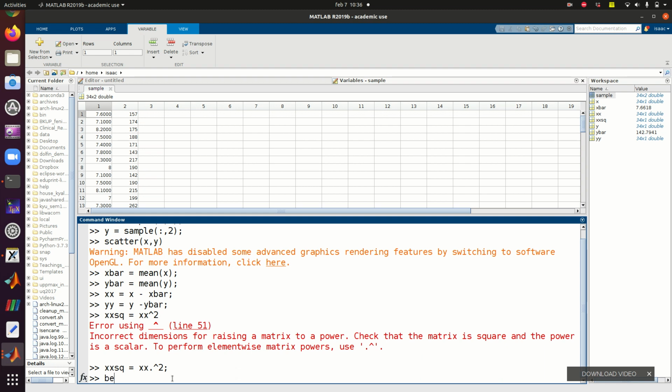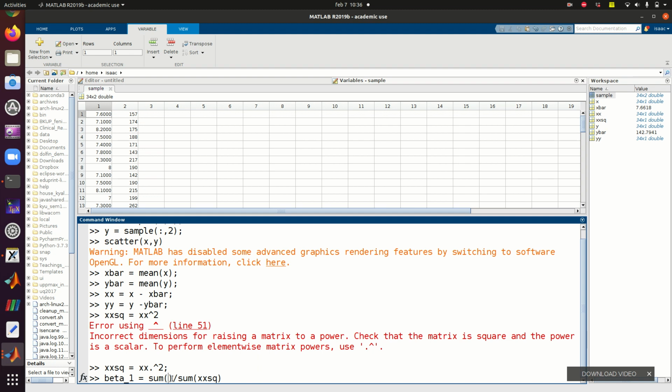So now we can compute our beta 1. Beta 1 is simply the sum of xx squared in the denominator, and in the numerator it is the product of xi minus x bar times yi minus y bar.